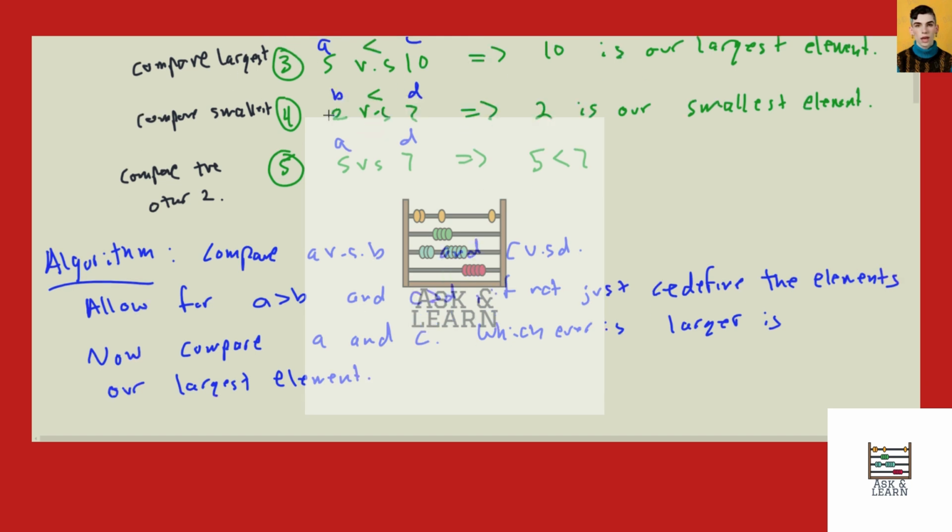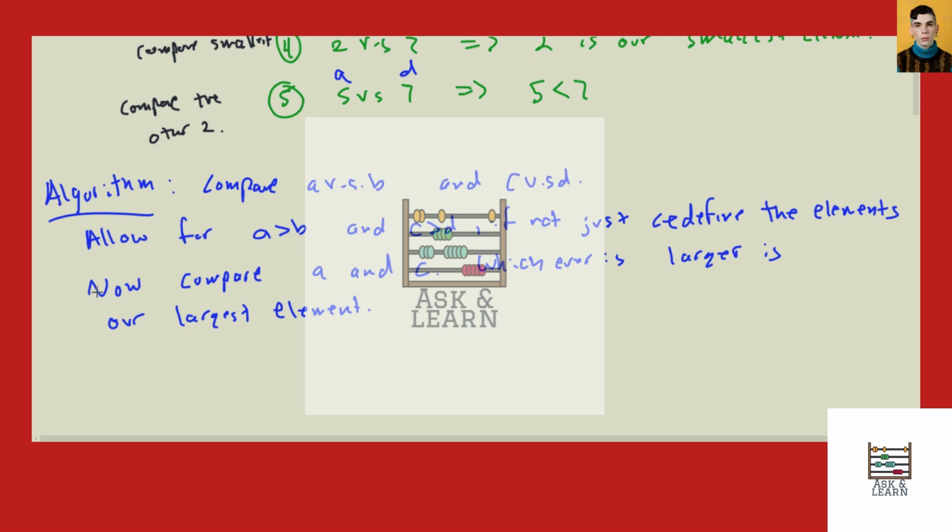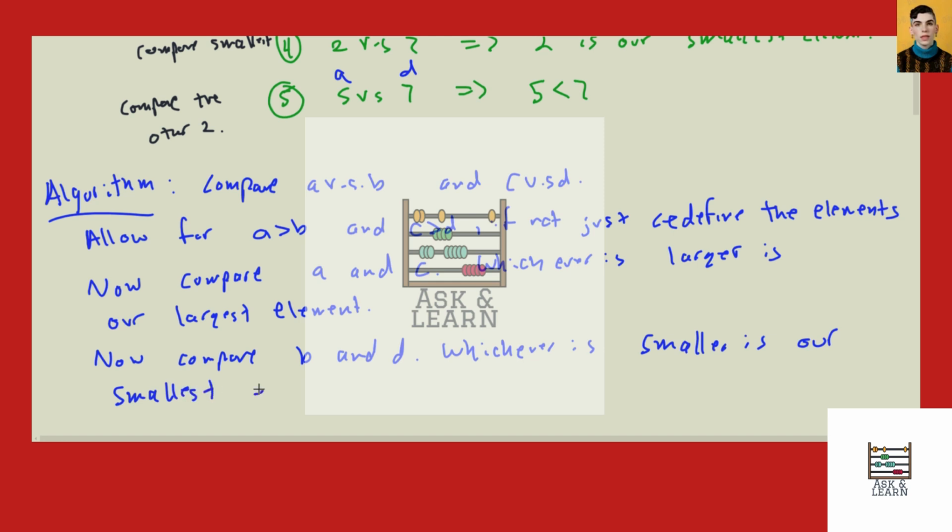All right, so we got that first one. So now what we're going to do is compare B and D. Whichever is smaller is our smallest element.